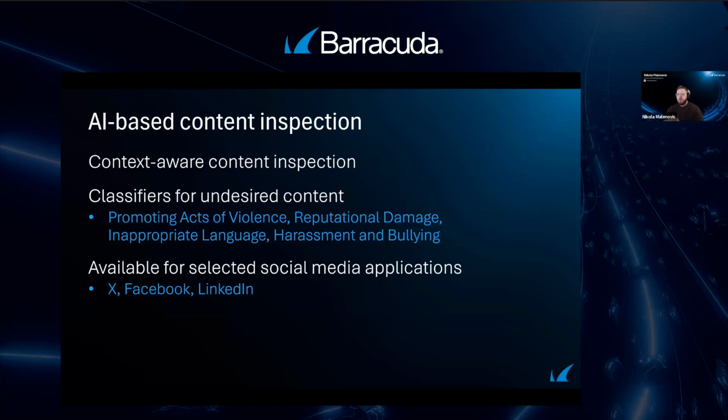We have different classifiers. Some of them are, for example, promoting acts of violence or reputational damage, inappropriate language, harassment and bullying, and many more. So you define what's considered undesired content. And it's available for selected social media applications, for example, like X or Facebook, LinkedIn.